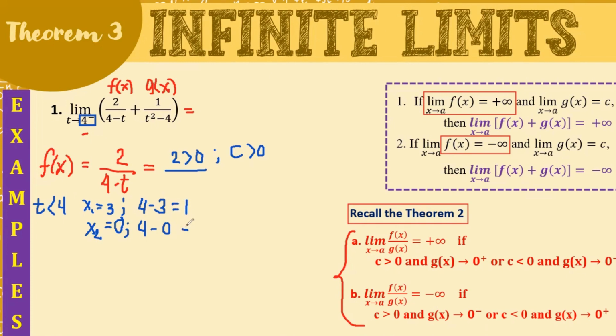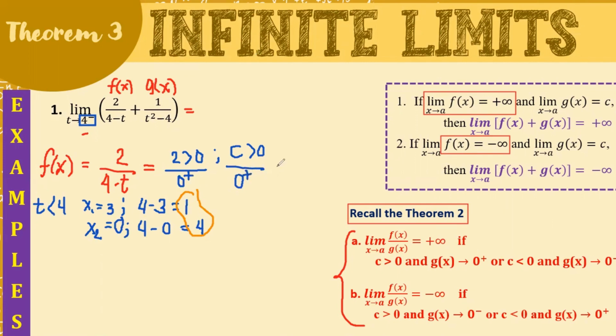Ito naman, ilan yung result? 4. As you can notice, ano yung value natin? They are all positive. Very good. So, since they are all positive, therefore, yung g of x natin dito sa baba will be 0 plus. Kaya they are all positive. Now, since 0 plus siya.